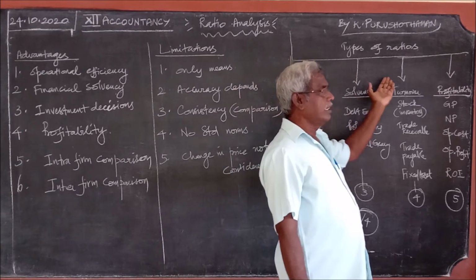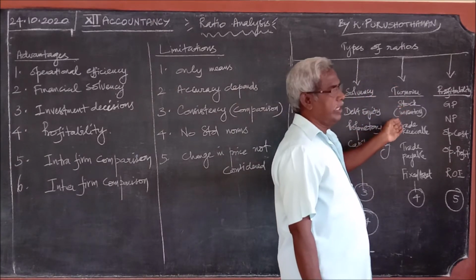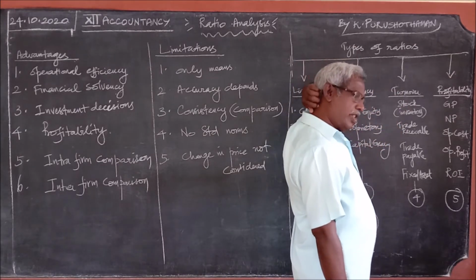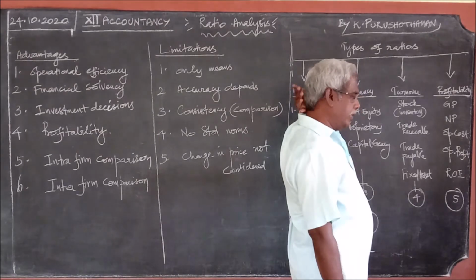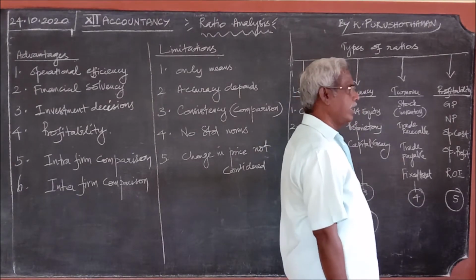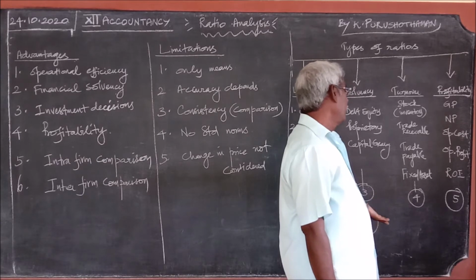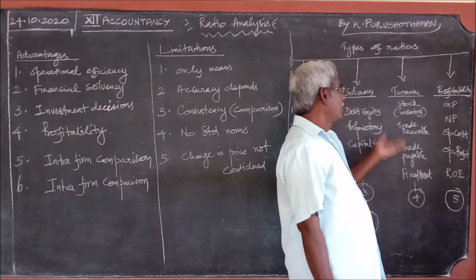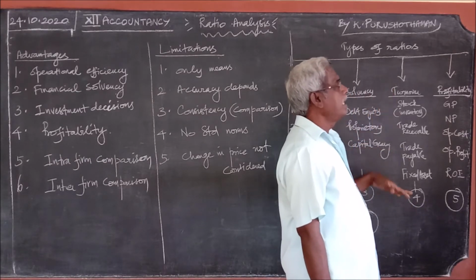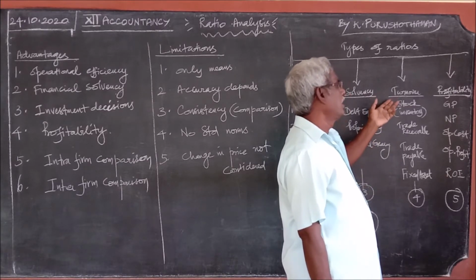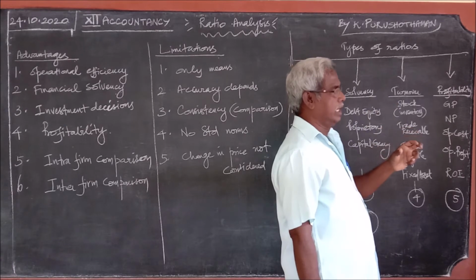Instead of asking calculate turnover ratio, you may be asked to calculate stock turnover ratio or inventory turnover ratio, trade receivable ratio, trade payable ratio, fixed asset turnover ratio. The questions may be separately given, or general.